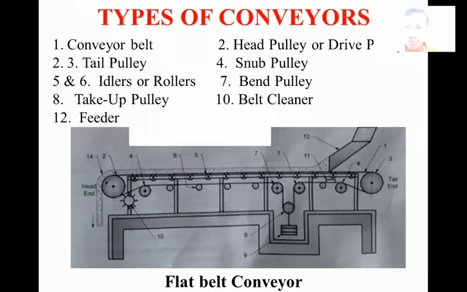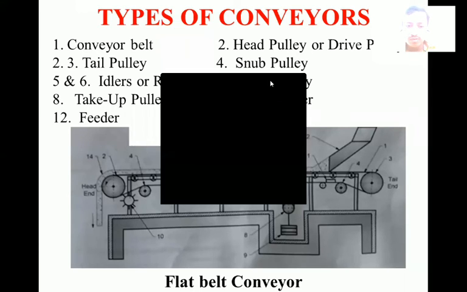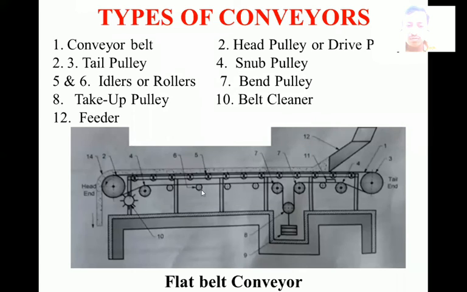We need to follow that. That distance should be properly taken. We cannot place the idlers randomly, because we need to place them so that there is no hanging of the belt.